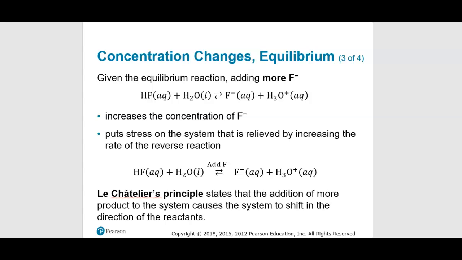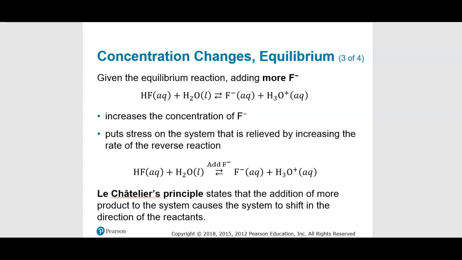We've given the equilibrium reaction, adding more fluoride. Well, you add more fluoride, that's a reactant. So more reactant means it's going to give you more of the reverse reaction. You're going to compensate for the added fluoride by increasing the concentration of the reactants. So hydrogen fluoride, that'll increase.